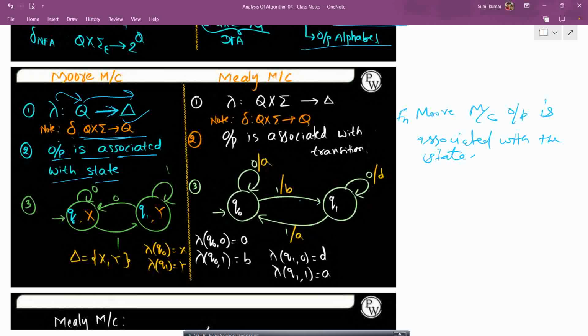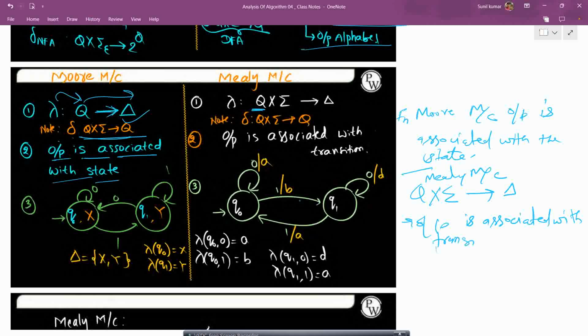In the Mealy machine, there is a state, we take some input, then it will give some output. This is Mealy machine. In Mealy machine, output is associated with the transition itself, where the transition is going.